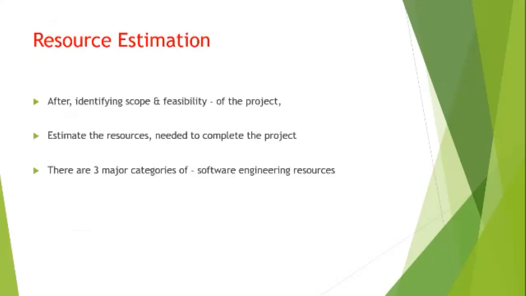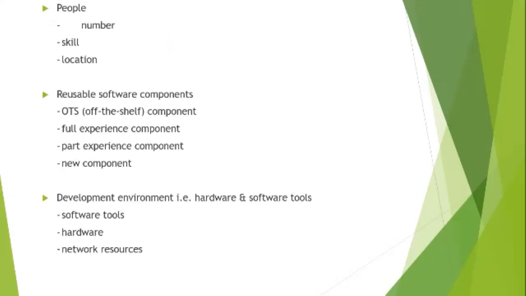Resource estimation: after identifying the scope and feasibility of the project, estimate the resources needed to complete the project. There are 3 major categories of software engineering resources: people, that is number, skill, and location. Reusable software components, that is OTS (off-the-shelf component), full experience component, part experience component, and new component.